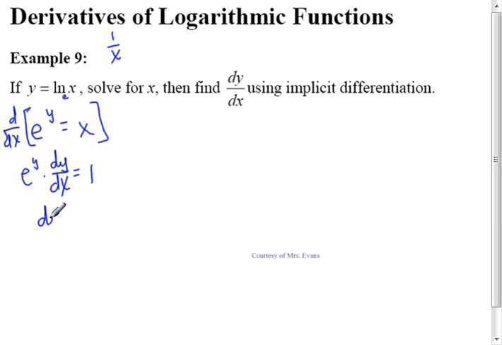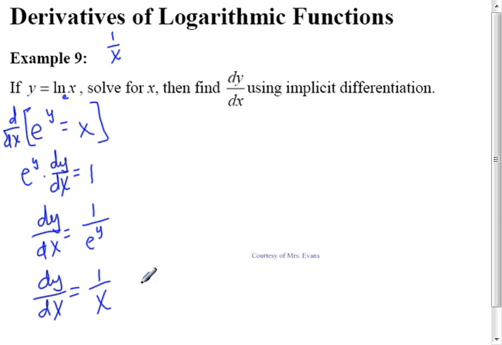If I solve for dy dx, I would get 1 over e to the y, which doesn't look any better yet. But earlier I said e to the y equals x. So then I can determine that dy dx, instead of writing e to the y, I could simply write 1 over x. Alright, so there is our derivative of our ln function.